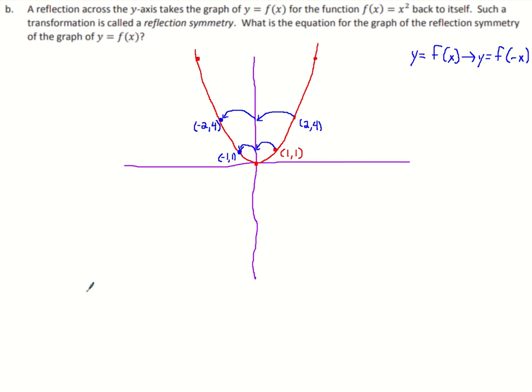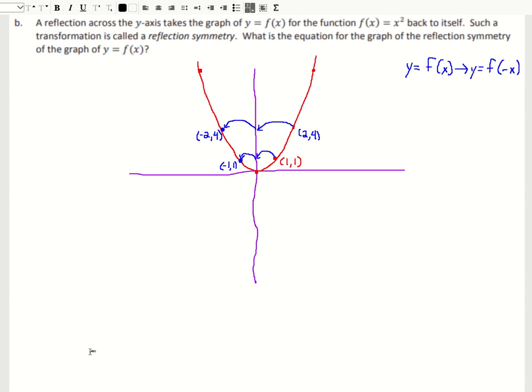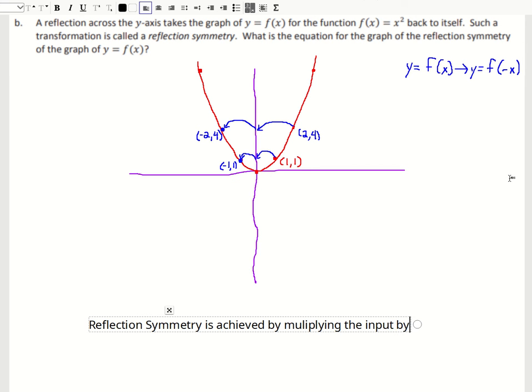Just know, another way to say this, reflection symmetry is achieved by multiplying the input by -1, or better said, to reflect over the y-axis, multiply the input by -1.